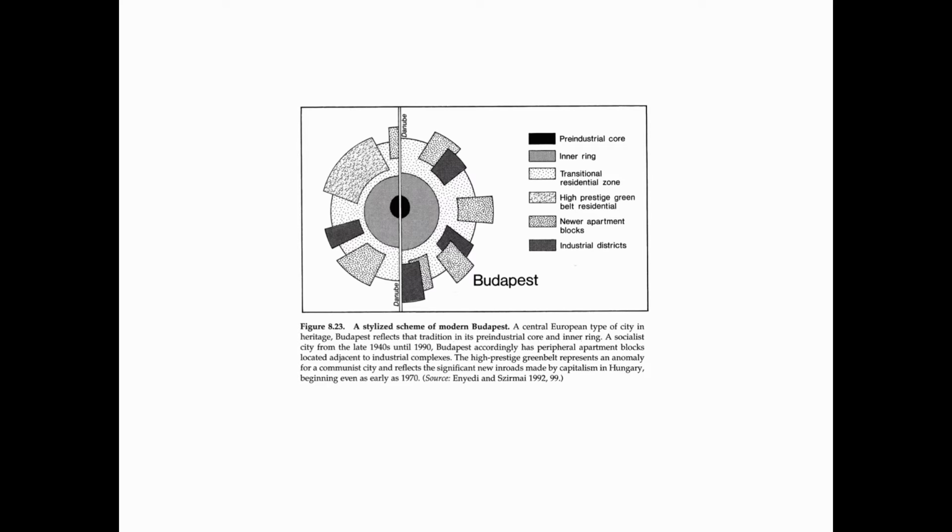And you'll see that there is a pre-industrial core surrounded by inner rings and outer rings, where there is an intermixing of both the apartment blocks and industrial complexes that were very common in the communist or socialist cities of far Eastern Europe.